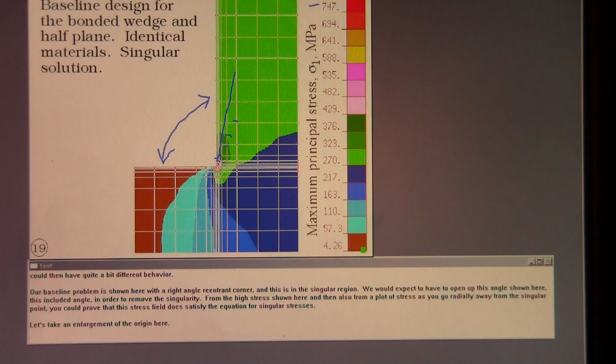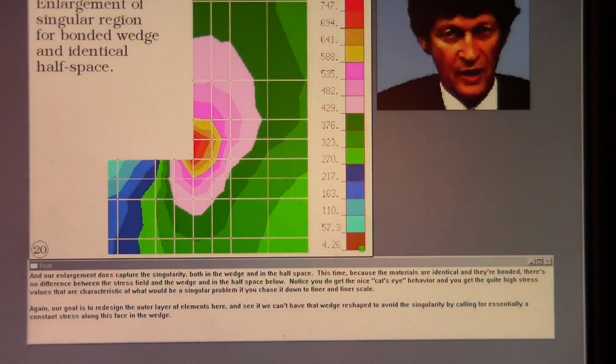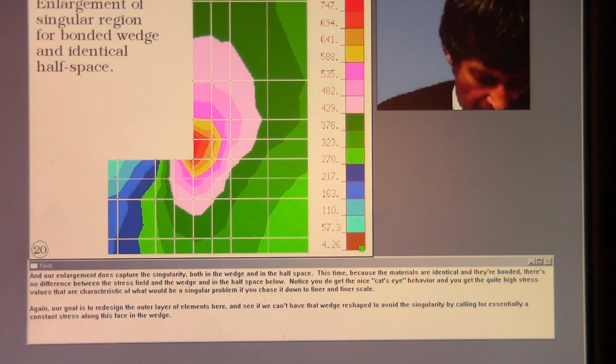Let's take an enlargement of the origin here. And our enlargement does capture the singularity both in the wedge and in the half space.